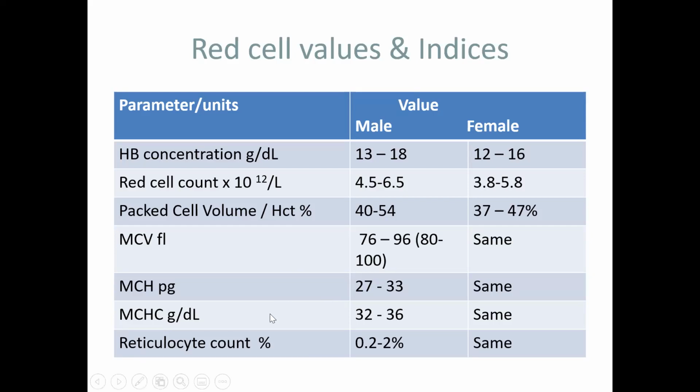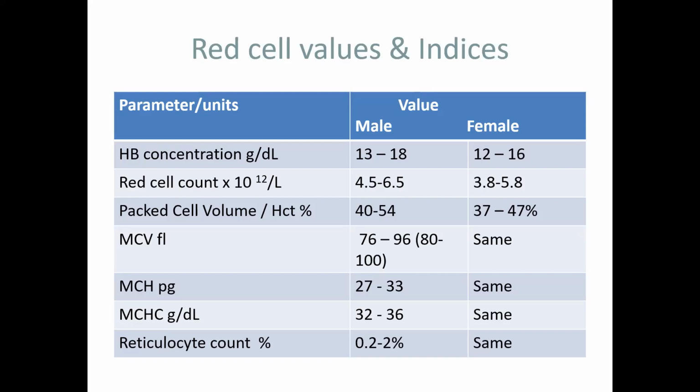Then your mean corpuscular hemoglobin concentration, it's a sort of ratio of grams per deciliter. This one we calculate by looking at the hemoglobin over a certain volume, or over the hematocrit.